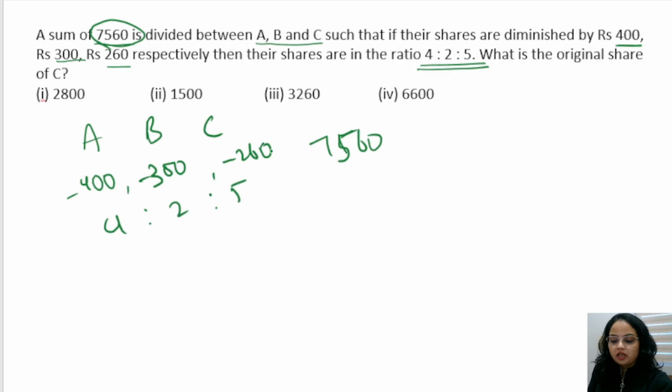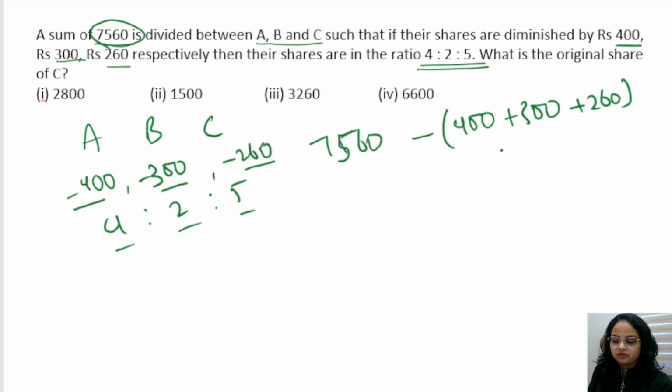So here we will directly reduce the diminished amount 400, 300 and 260 from the total amount.